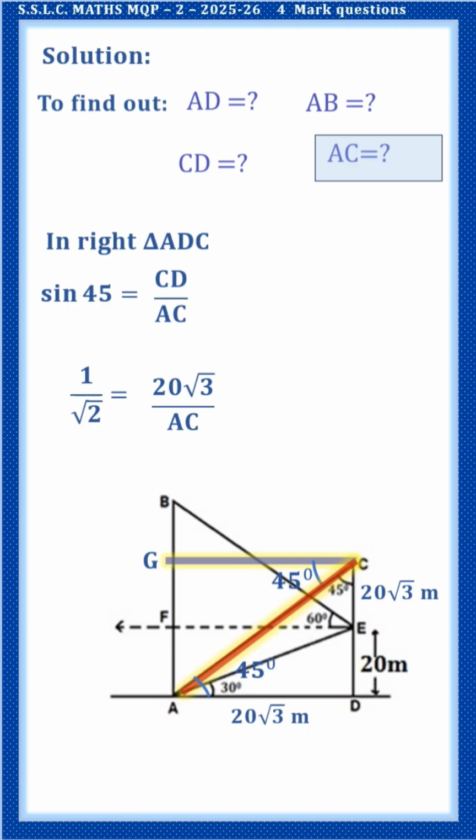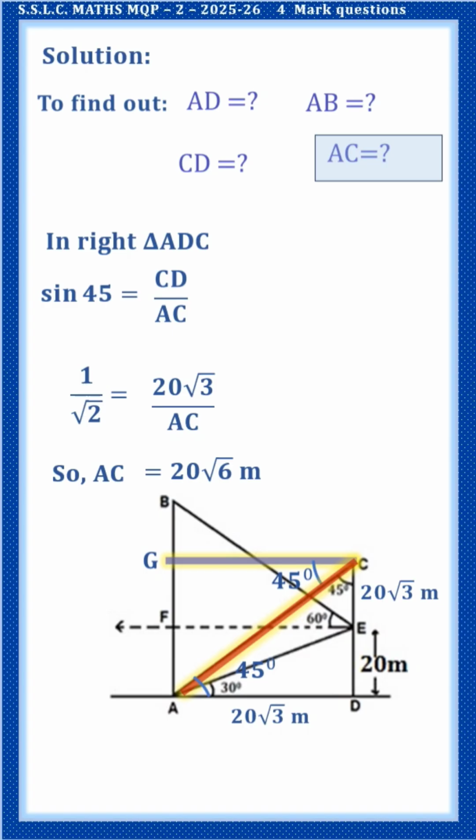So AC is equal to 20 root 3 into root 2, that is equal to 20 root 6 meter. So the distance between the top of the building and the foot of the tower is 20 root 6 meter.